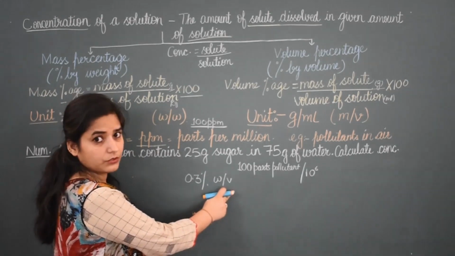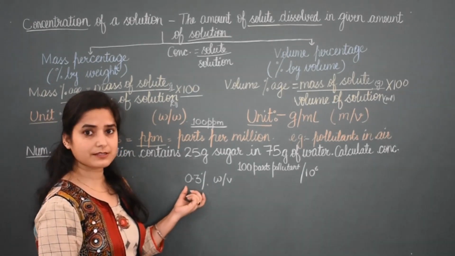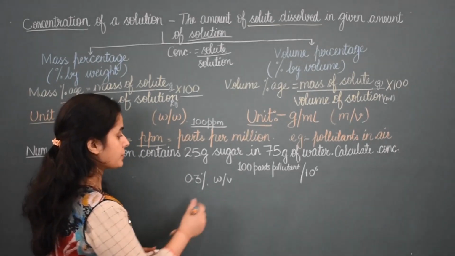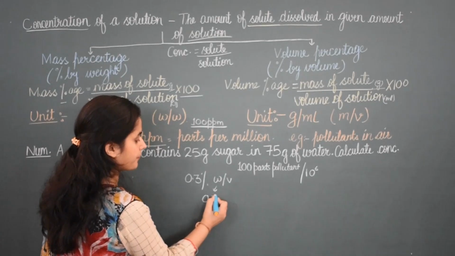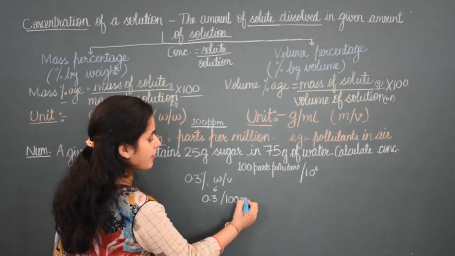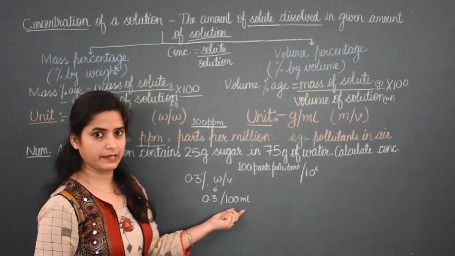It is written this way, 0.3 W by V. Its meaning is that 0.3 percentage is the concentration, and W by V means 0.3 gram weight is present in 100 ml volume of some liquid.